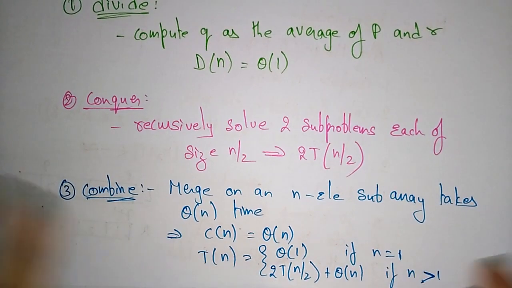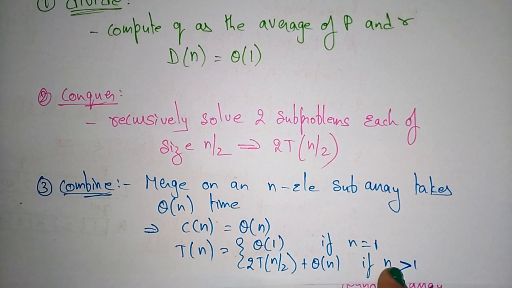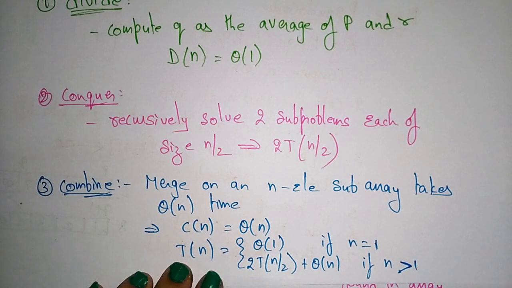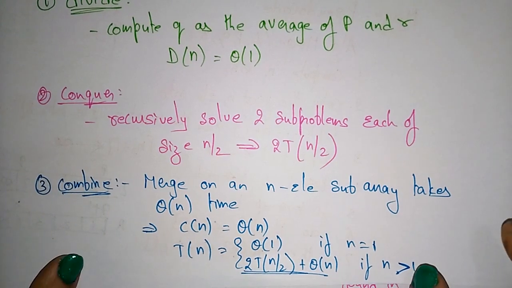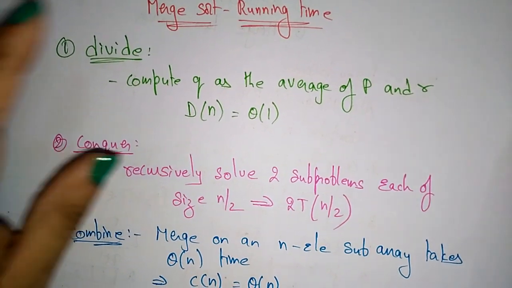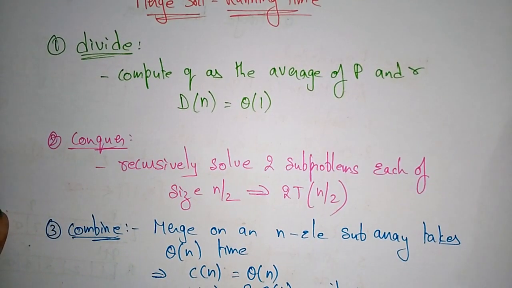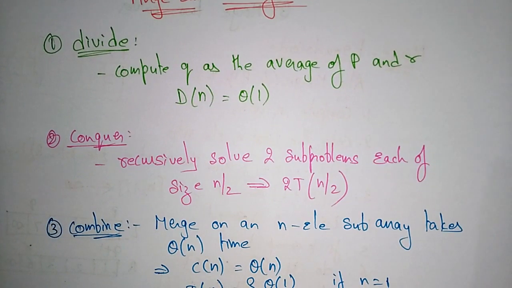If the array consists of only one element, it takes theta of 1. If n, the size of the array, is greater than 1, it takes 2T of n by 2 plus theta of n. So this is how the running time of merge sort works out, for divide and conquer and for the merge. In the next video I'll explain with an example how we sort an array using the merge sort technique. Thank you.